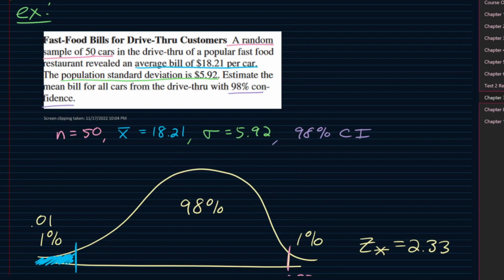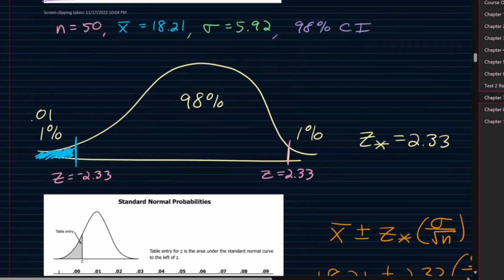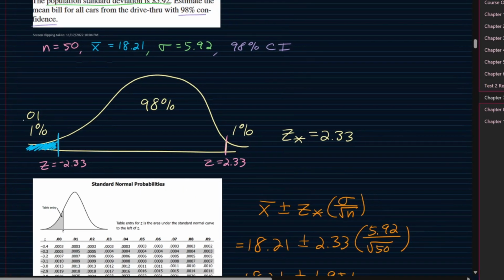So to find that left boundary, we look for the z value with an area to the left of it being closest to 0.01. And the one closest to 0.01 is this 0.0099, which is a z value of negative 2.33. So that would be our z star, positive 2.33.